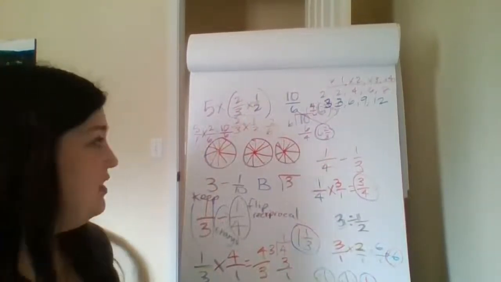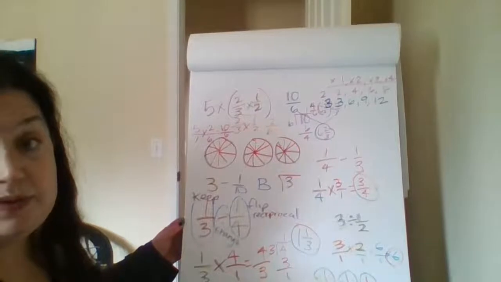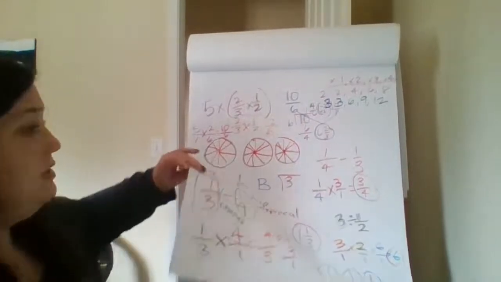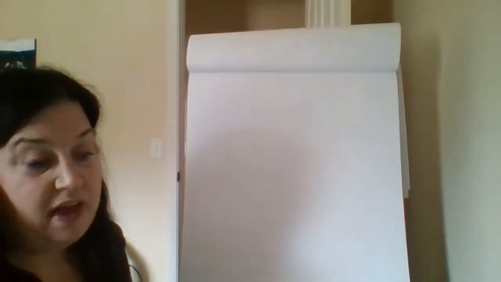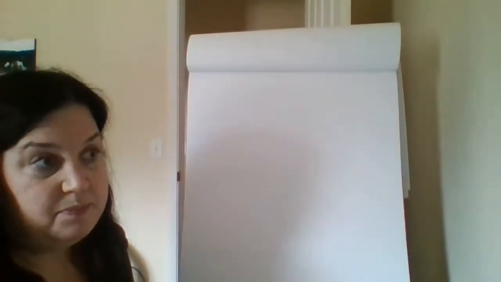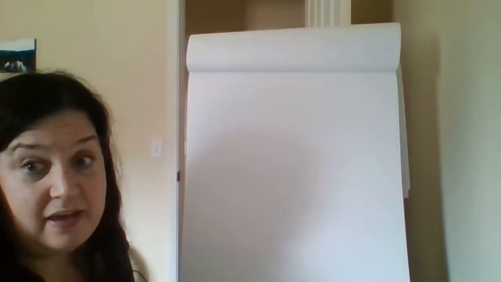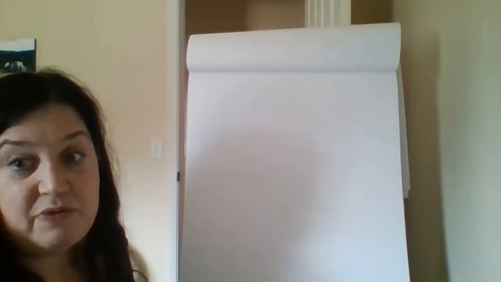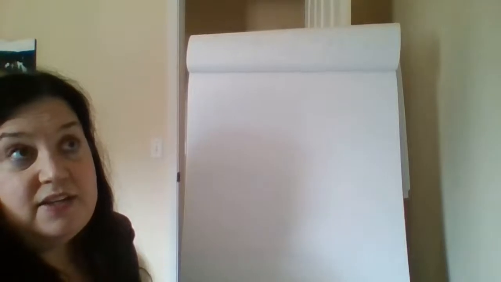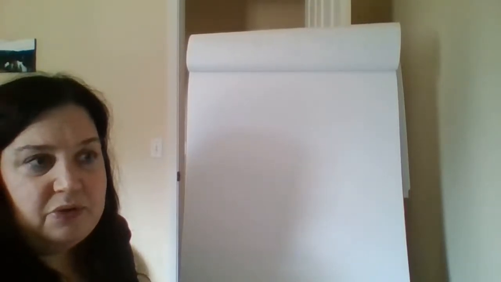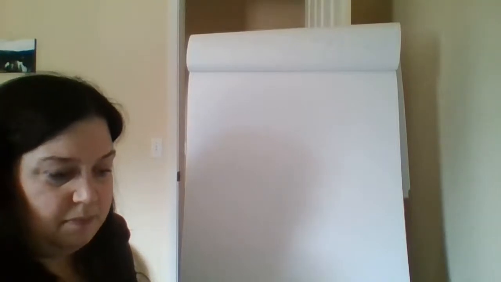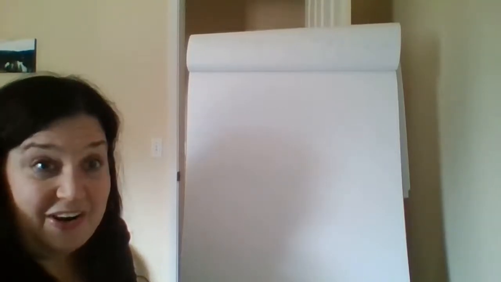History today, we're going to start our symbols of your state. Remember when you studied symbols last year of Idaho, you figured out that the state flower is the syringa, and you found out that the state tree is the white pine, the state gemstone is the star garnet.